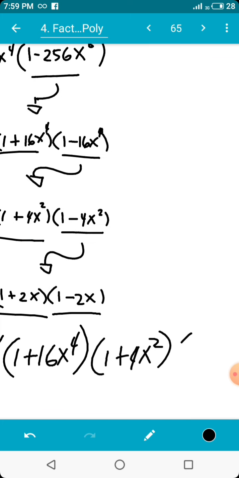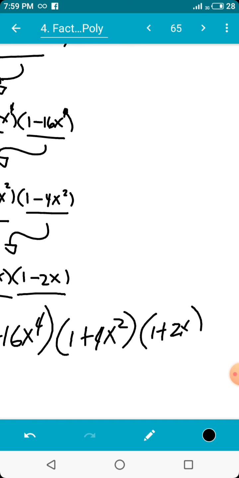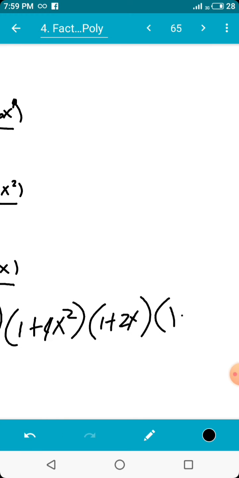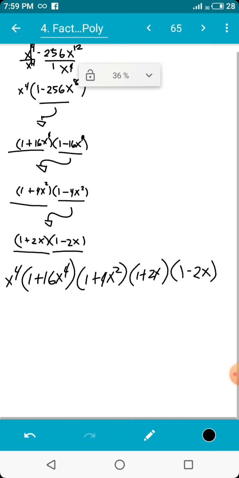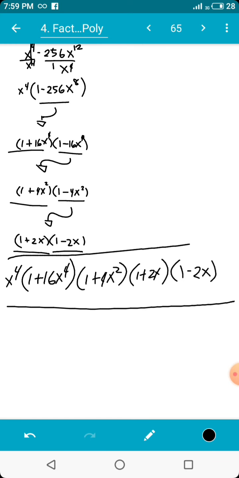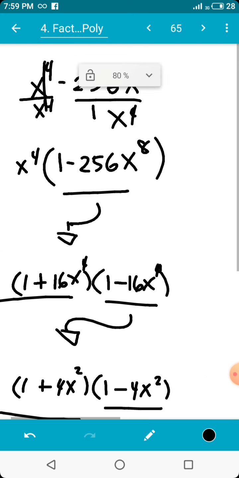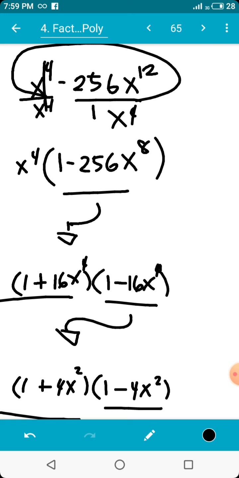Okay, sulit lang natin. So, 1 plus 2x. And then, 1 minus 2x. Okay? So, in short, ito ngayon ang kanyang buong factors. Okay? So, pag minultiply natin to, bali ito dapat yung lalabas. Okay?